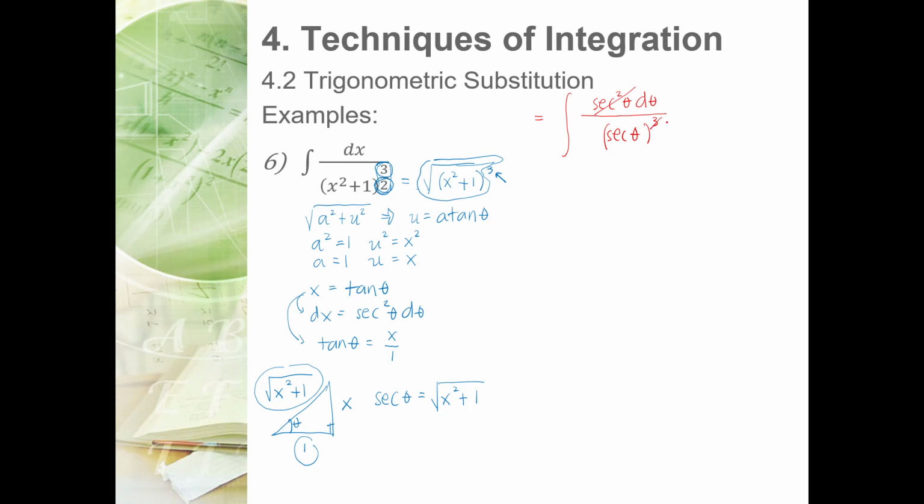Then cancel, cancel. What's left is just d theta all over secant theta, and this simplifies further to cosine theta d theta. And we have here sine theta plus c.